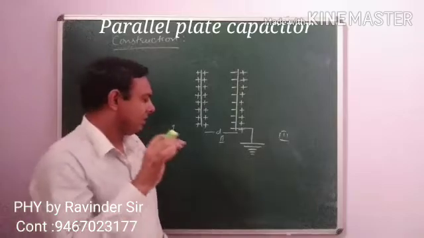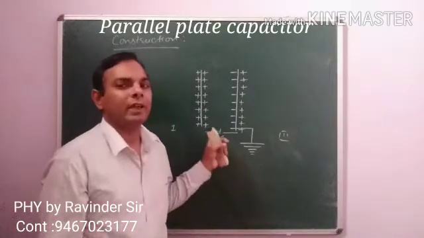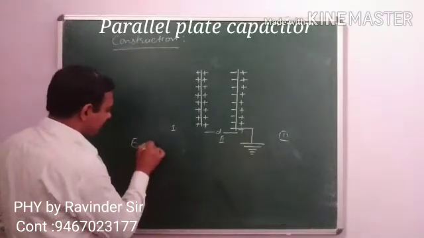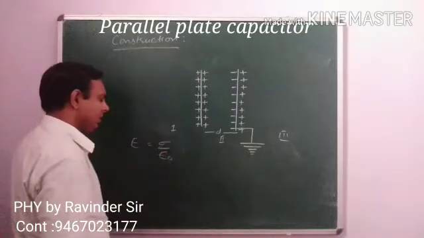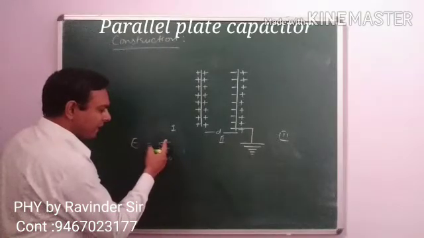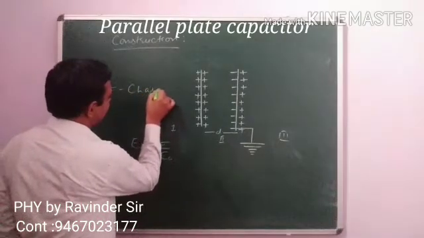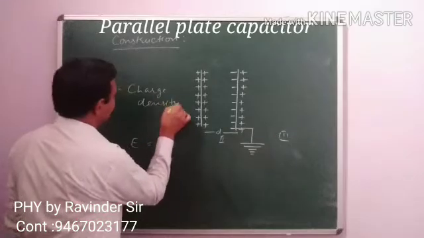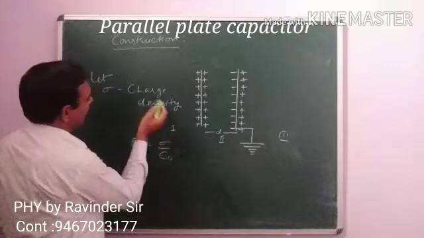Only the second region will have electric field intensity, which is equal to sigma upon epsilon naught. Here, sigma is the surface charge density.